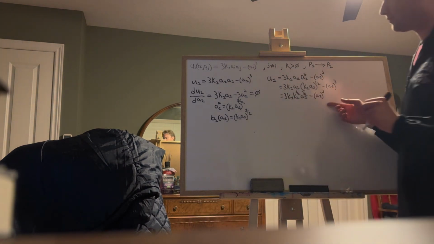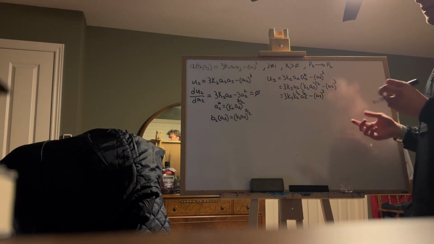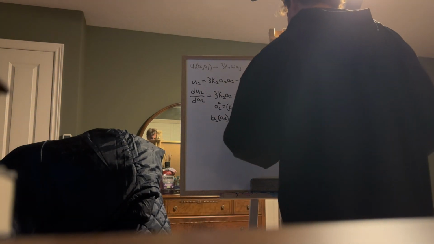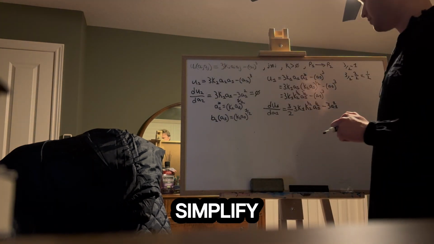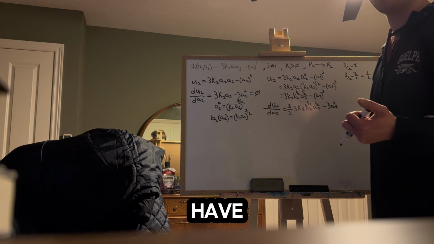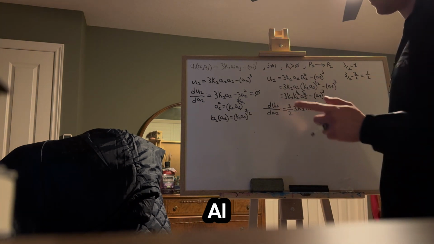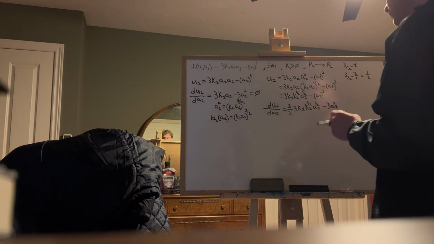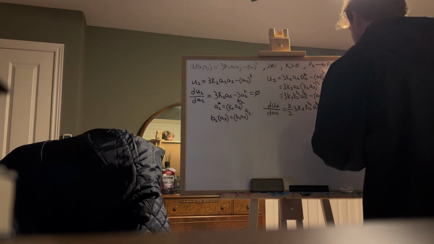So there. You do a partial. I think we could simplify this. Well, we have to. We need to get A1 alone, sorry.